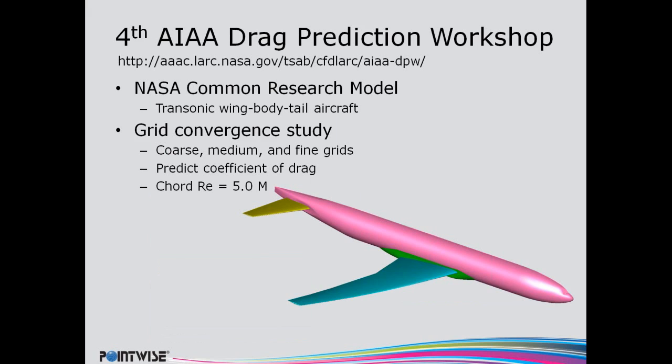The application we're going to be talking about today is from the 4th AIAA Drag Prediction Workshop. It's a simplified transonic wing body tail aircraft called the NASA Common Research Model. Specifically within that workshop, one of the pieces was a grid convergence study, where they're looking at the effects of the grid on the drag.